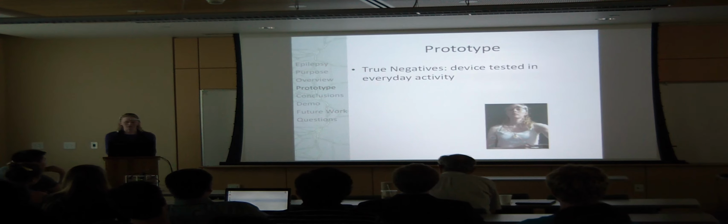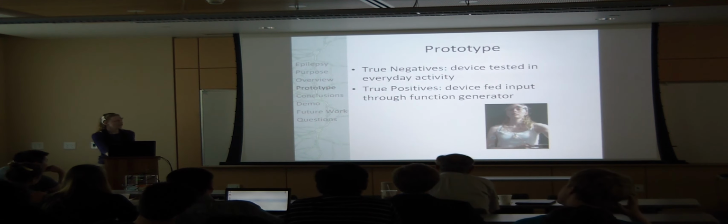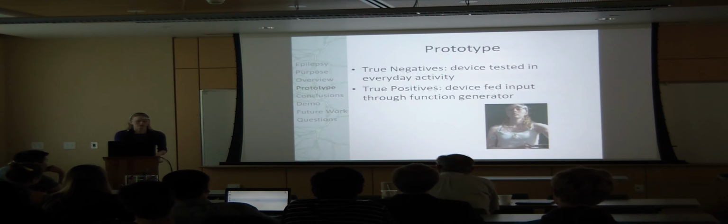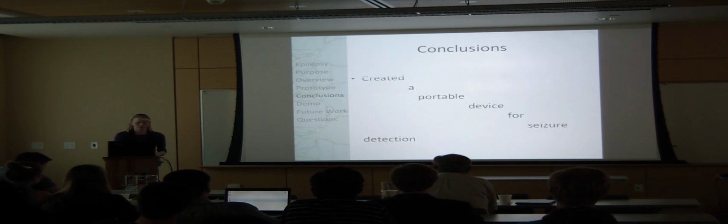I included this picture so you could see a little bit more of where the device is placed. And then true positives were tested with a function generator so that I can see that my device was actually going off when a seizure was occurring.